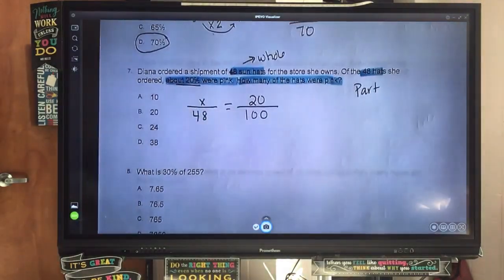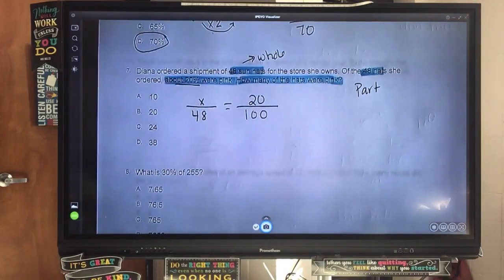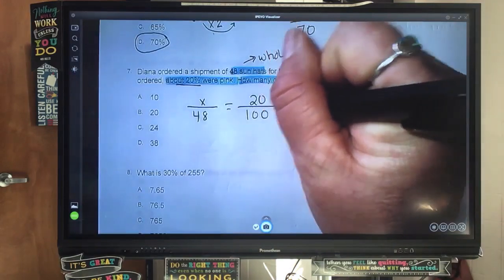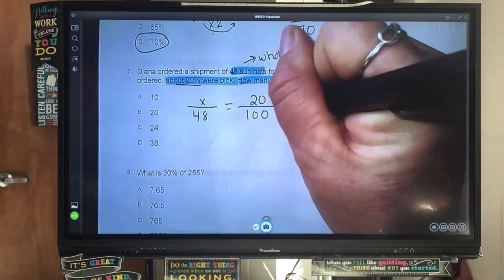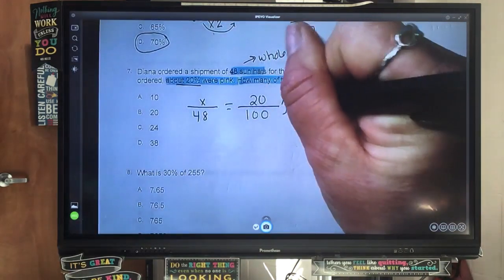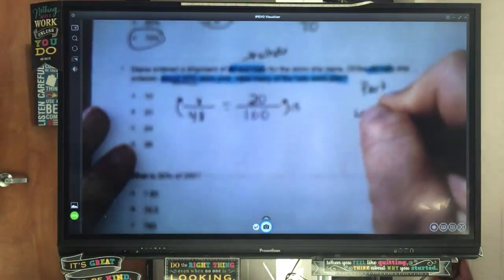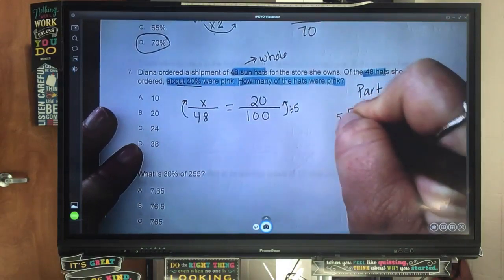All right, what's a way that we can solve this problem? Up and down. All right, so are you doing times or divide? Divide. Okay, what am I gonna divide by? 5. So 48 divided by 5.